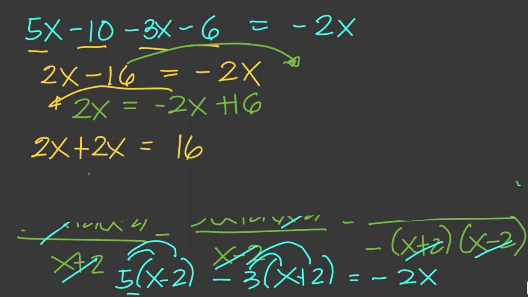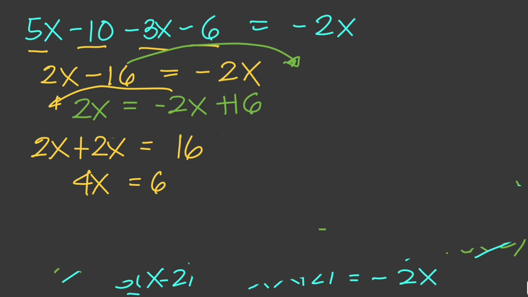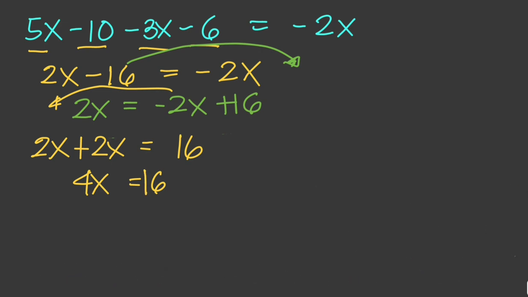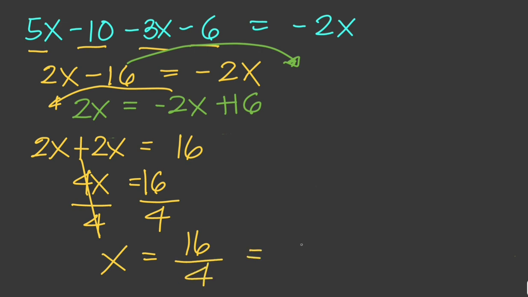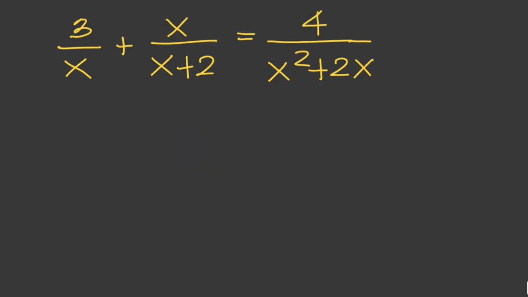And 2x plus 2x is 4x equals 16. And we divide both sides by 4. So our x would be equal to 16 over 4, or just simply equal to 4. So this is the solution to the given rational equation. Now let's solve another problem.